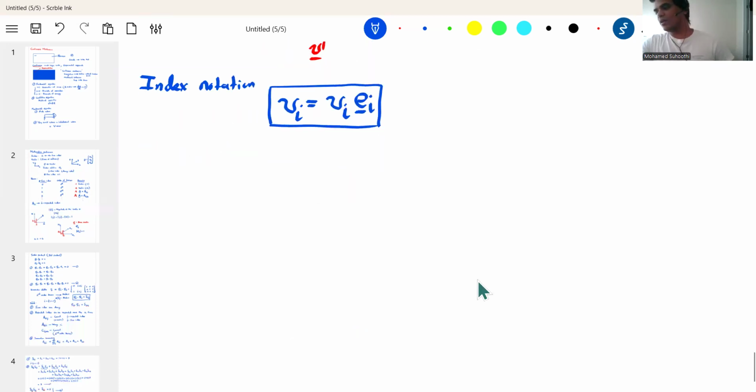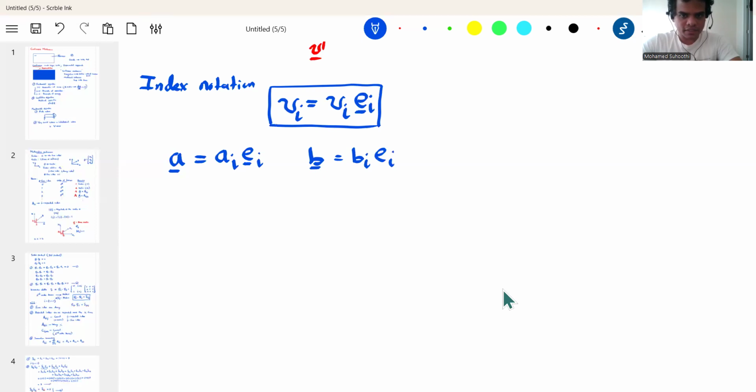Right. So now let's take two vectors, right? So let's take vector A in this way in terms of index notation, right? Ai ei, right? Now, similarly, let's take another vector B, bi ei, right?